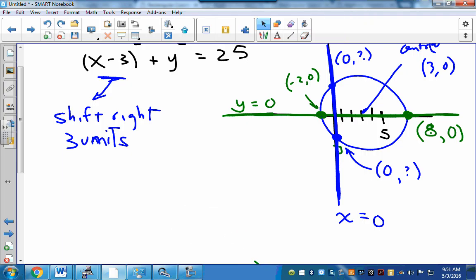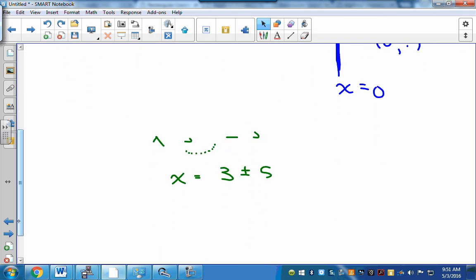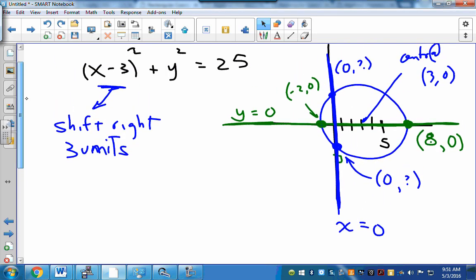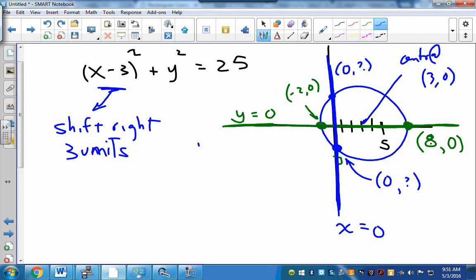To find y-intercepts for any equation, and by the way, this works for circles, ellipses, parabolas, hyperbolas, if I say find the y-intercepts, just take the equation and make x 0. That's all you do, and that will tell you where it crosses the y-axis. So to find these two y-intercepts, set x equal to 0.